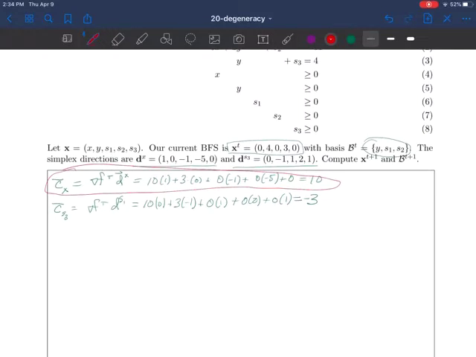Okay, so because we're maximizing, we have to choose dx. And now we have to compute. So this was reduced costs. The conclusion from the reduced cost calculation is that dx is improving.